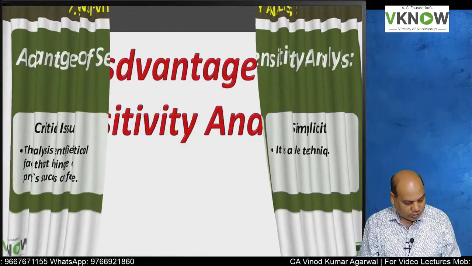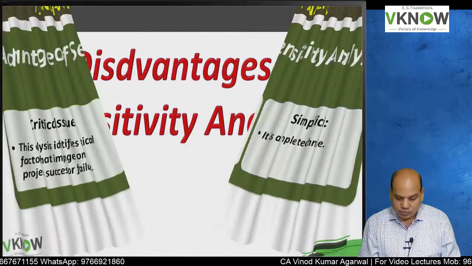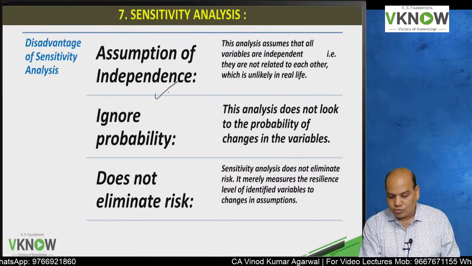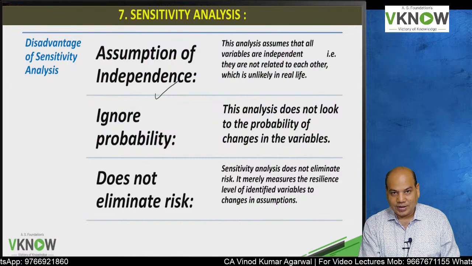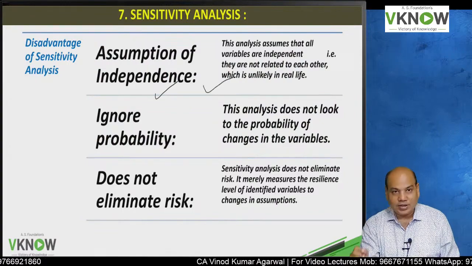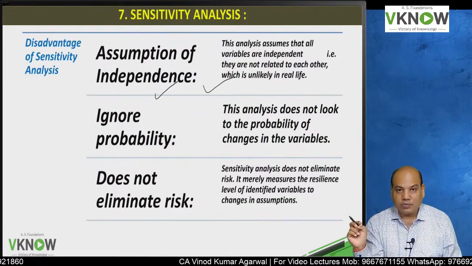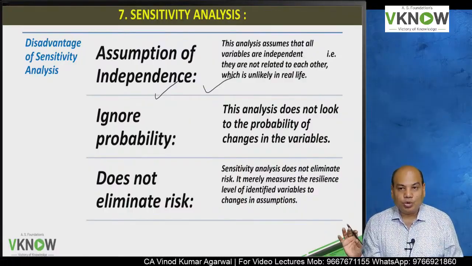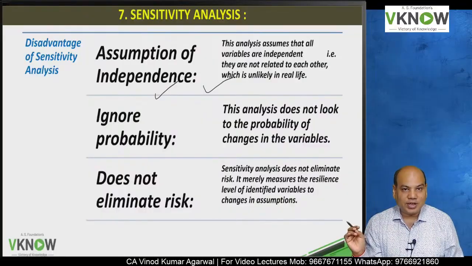Then what is the disadvantage? The disadvantage of sensitivity analysis is that it assumes independence of variables. Only one variable will be tested at a time, other variables will be kept constant. But in reality, more than one variable can change at a time.